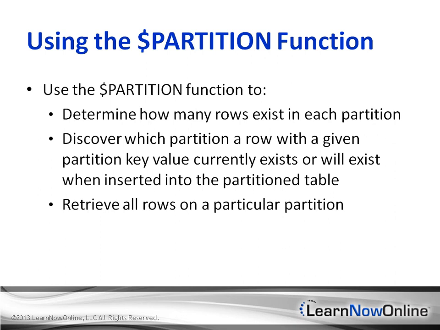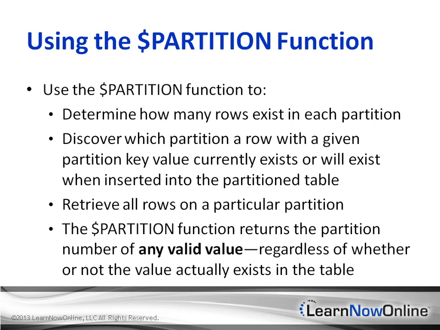We can actually use the function to retrieve all rows on a particular partition. And the key thing to remember is that the partition function will return the partition number of any valid partition key, whether or not the value actually exists in the partitioned table. So just because you get an answer from the partition function doesn't mean the row necessarily exists.